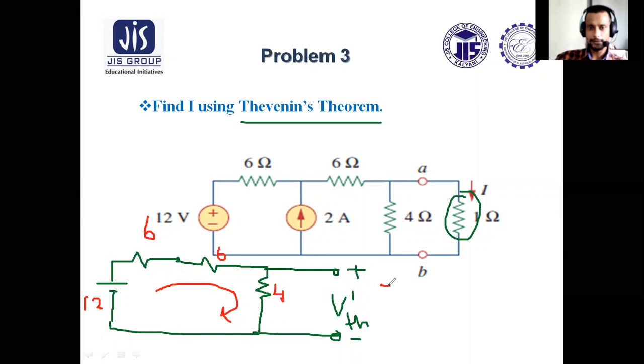So I will be 12 by 16. Now VTH dash will be the voltage across 4 ohm. So that is 4I equals 3 volt. So due to the 12 volt source alone, VTH dash is 3 volt.